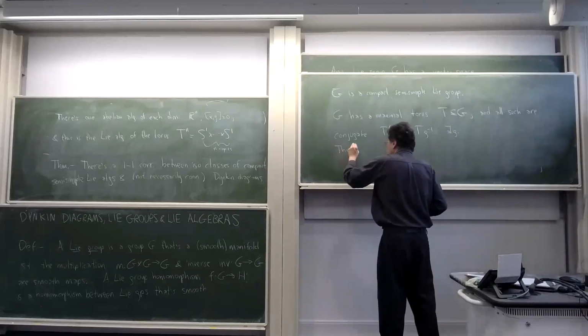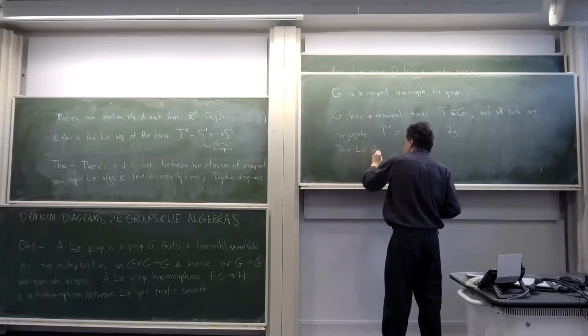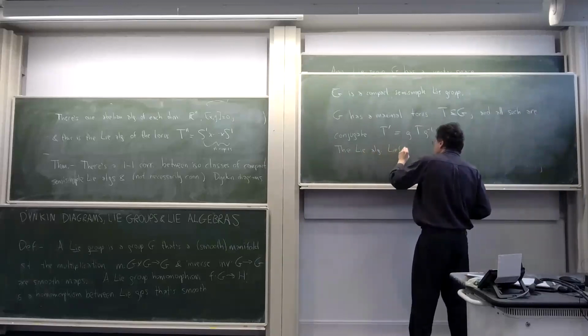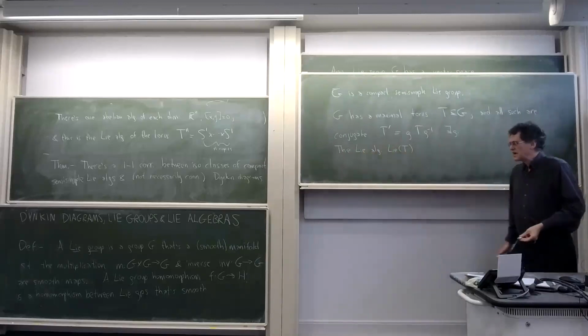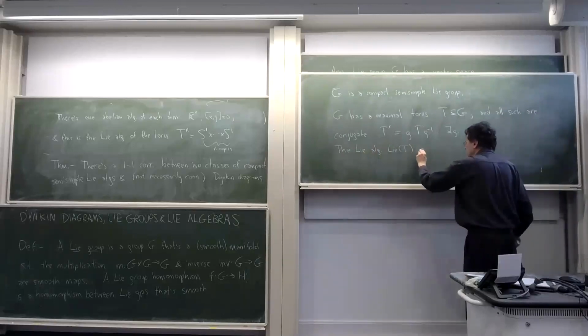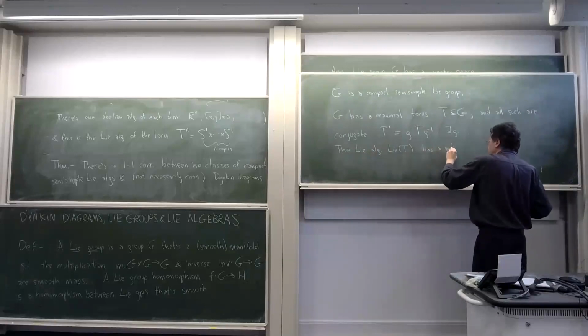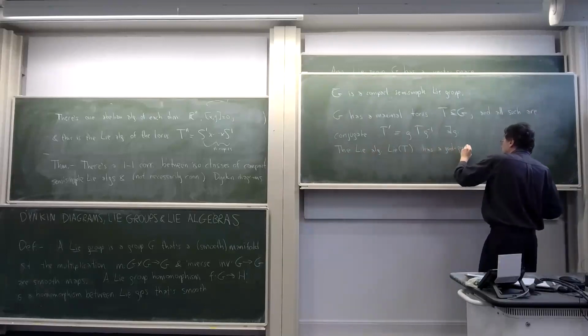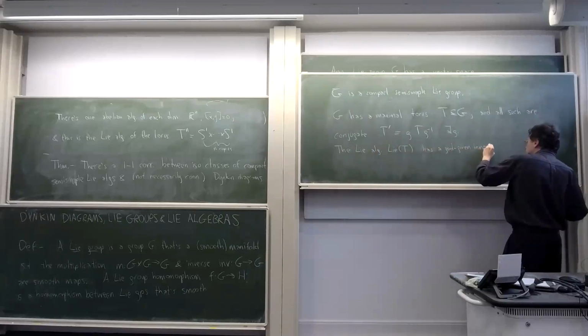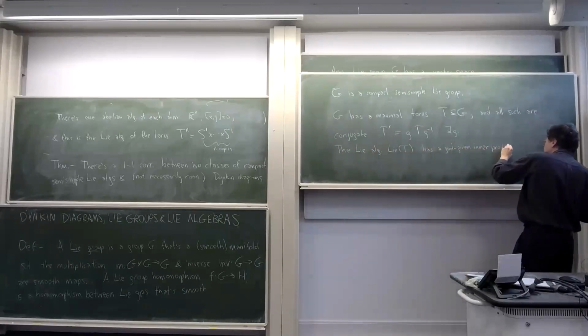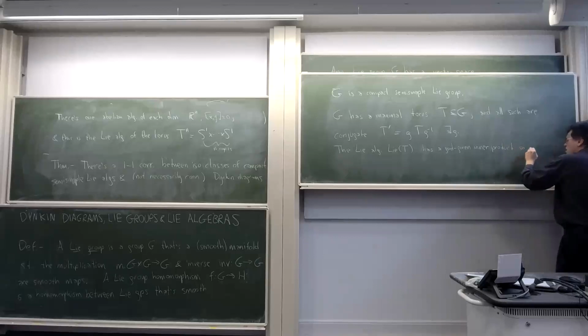So the Lie algebra, Lie of T, it turns out that this thing gets an inner product. It has a God-given inner product on it. The vector space gets a God-given inner product, which I will not write down the formula for. So that means Lie of T is isomorphic to R^n as an inner product space, as a vector space with an inner product.